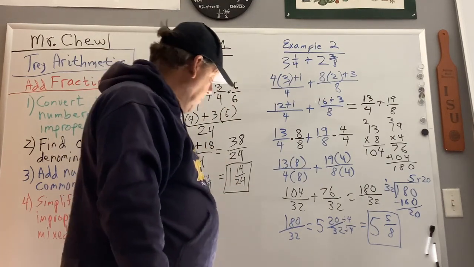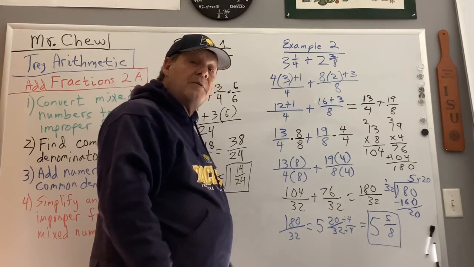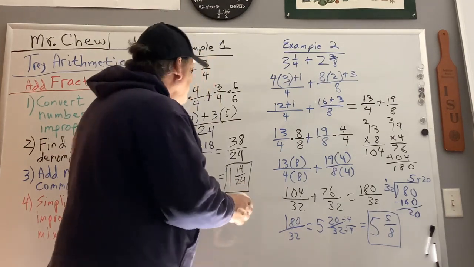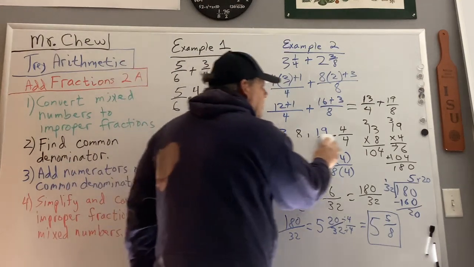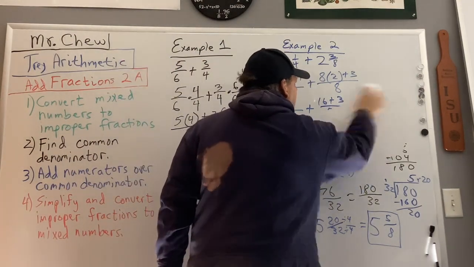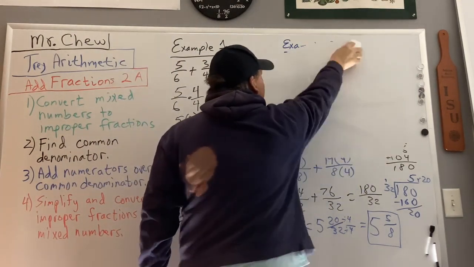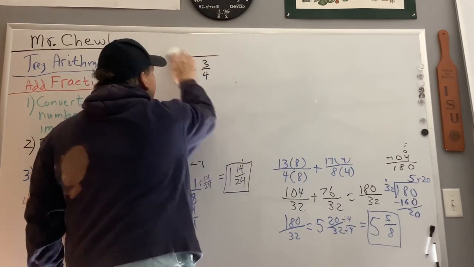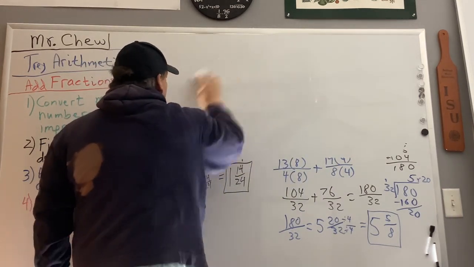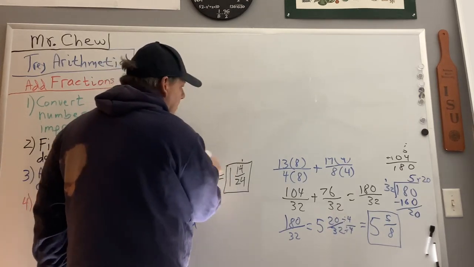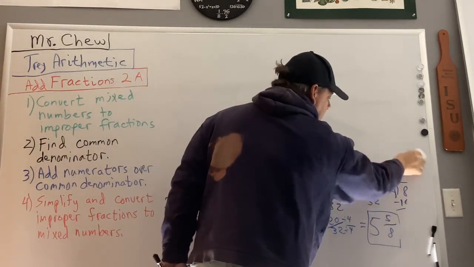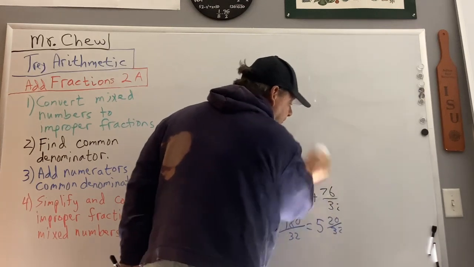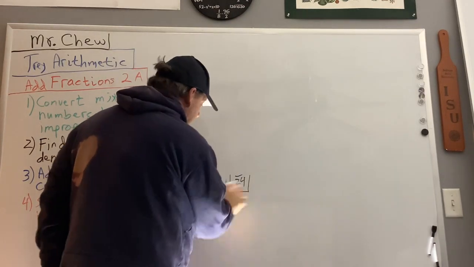Okay, so I'm going to ask you to try a couple of problems. You can do this by getting out a piece of paper, writing the problems down, pausing this video, coming up with an answer, and then seeing if you did it correctly.